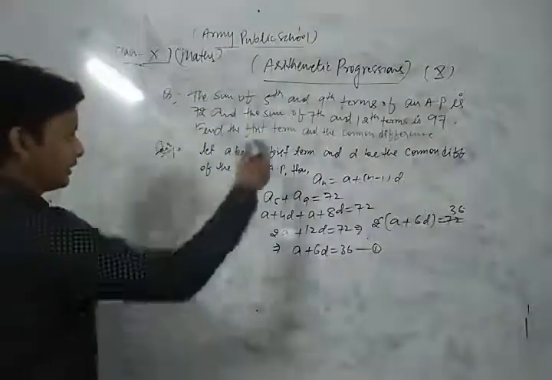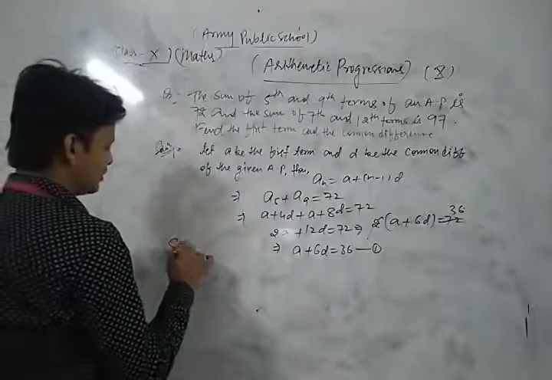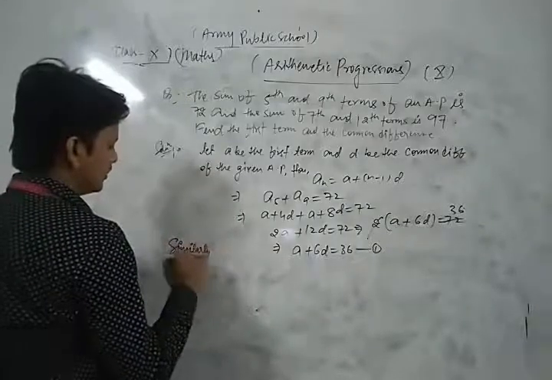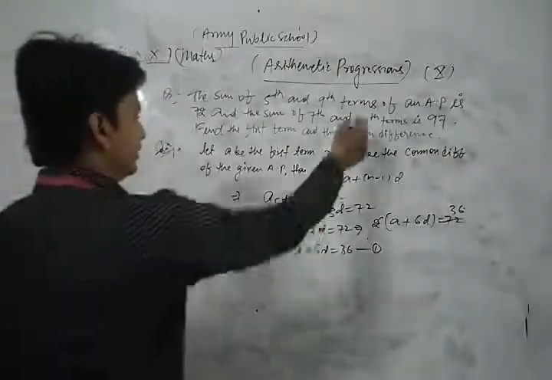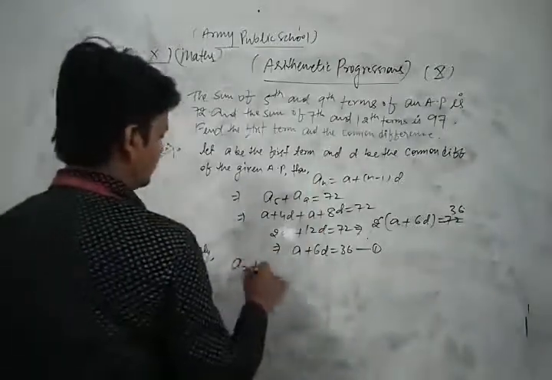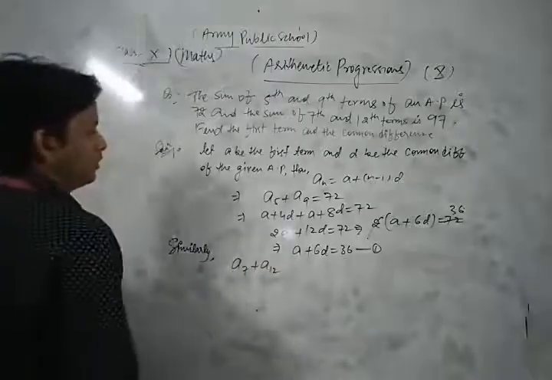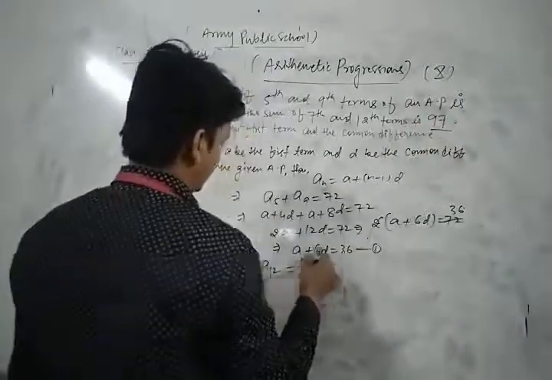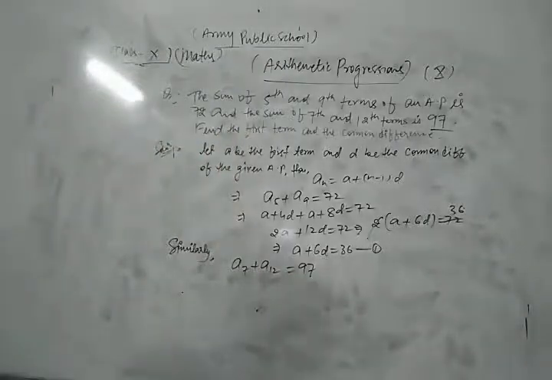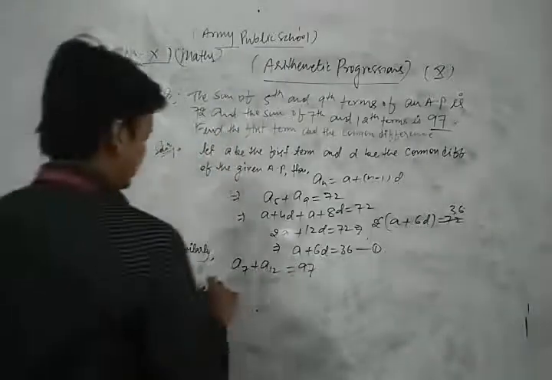Similarly, we apply the second condition. The sum of the 7th and 12th terms, that is A7 plus A12, is 97. Now we put the values of the 7th and 12th terms.